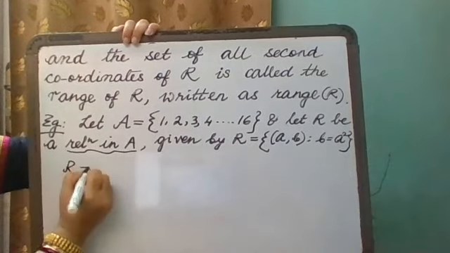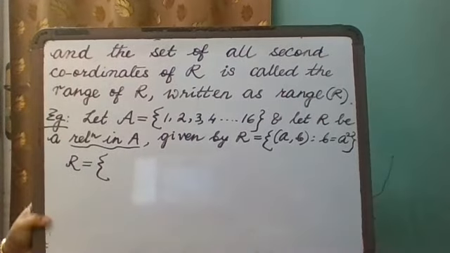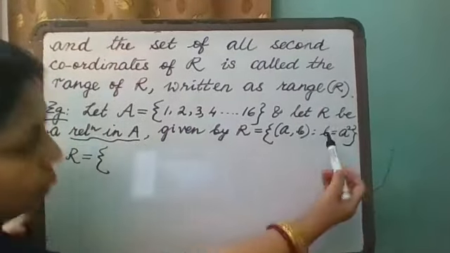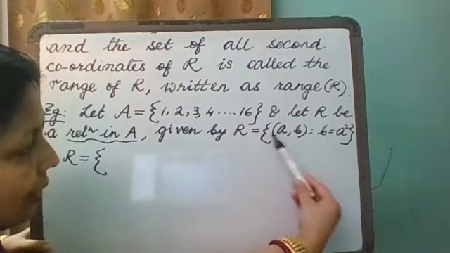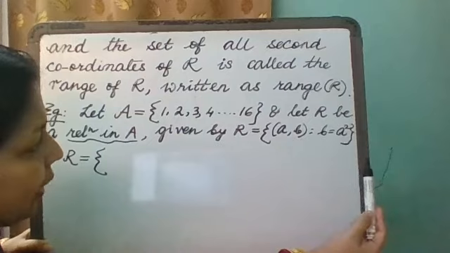Then, next step, R equals. Now look here. Have you all written? I'll explain here. What is the rule here? R is those ordered pairs where b equals a square.